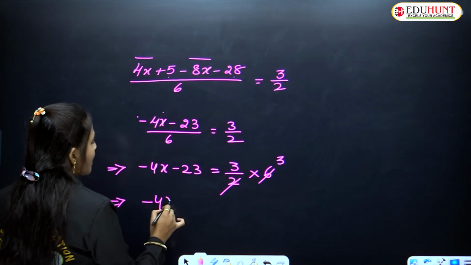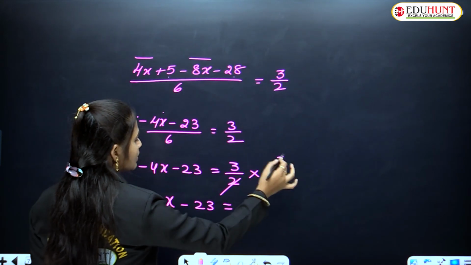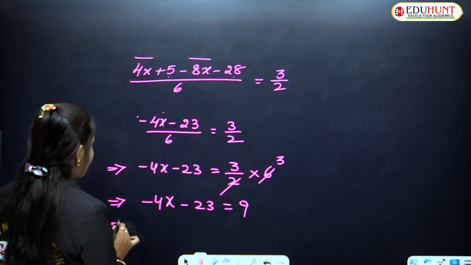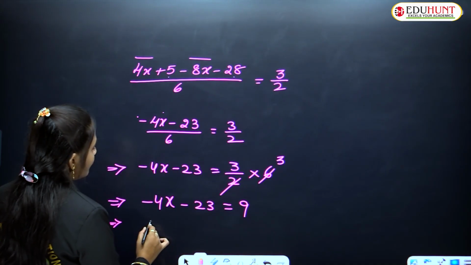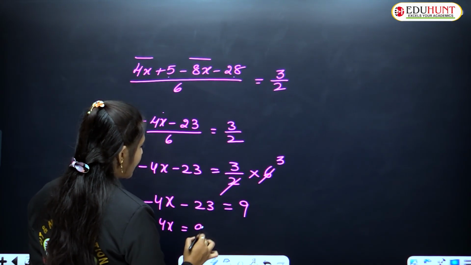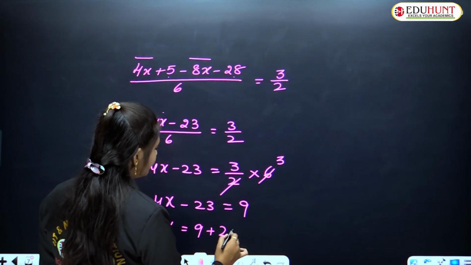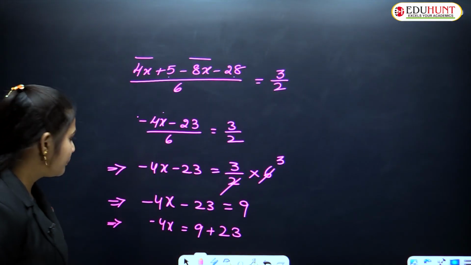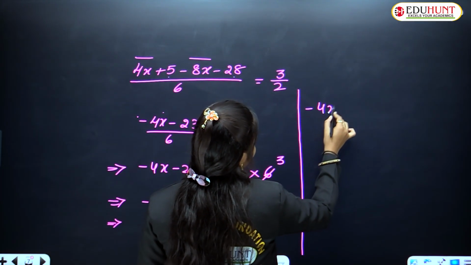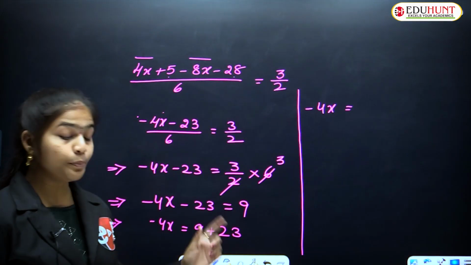From this one, minus 4x minus 23 is equal to 3 threes are 9. From this one, minus 4x is equal to 9, minus 23 becomes plus 23. Understand? Yes. Which is equal to minus 4x is equal to plus 9 plus 23, which is equal to plus 32.